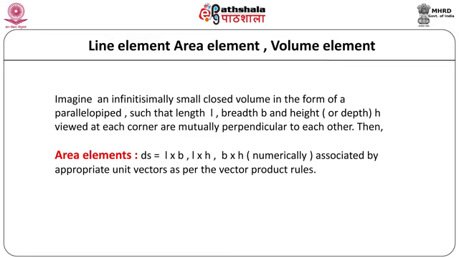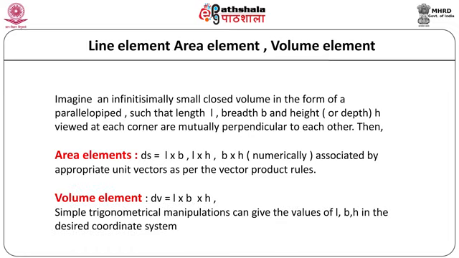Then area element dS is given by the product of the two, namely L into B, L into H, B into H numerically, associated by appropriate unit vectors as per the vector product rules, and volume element dV is equal to L into B into H.